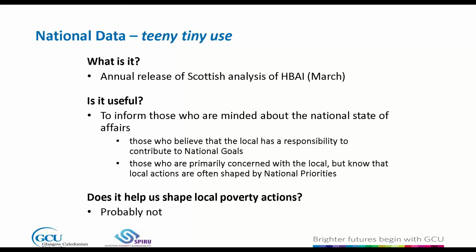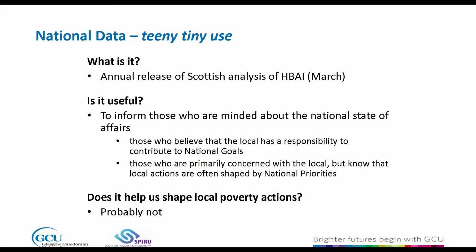So this, my descriptor then, it's teeny tiny use in terms of what the local areas should be concerned with. This annual release of the Scottish data from the households below average income tends now to be released in March each year. Now, it is teeny tiny use, so I'm not saying it's not at all useful. It might be useful locally if we need to inform those that are minded about the national state of affairs.